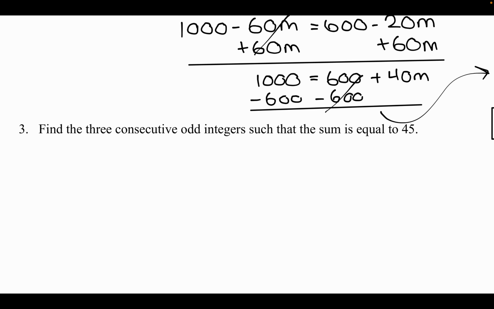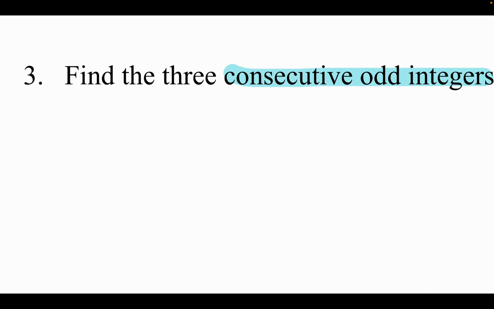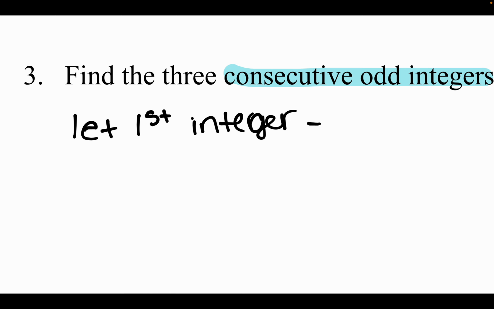For number 3, it says find 3 consecutive odd integers such that the sum is equal to 45. So we're going to do let statements. We're going to let the first integer equal x, and odd numbers are always 2 numbers apart, right?